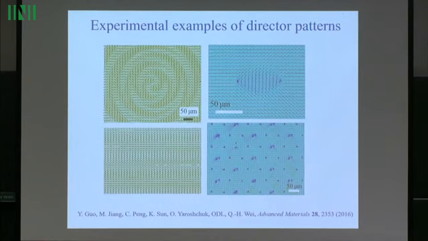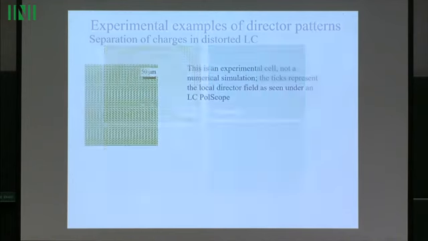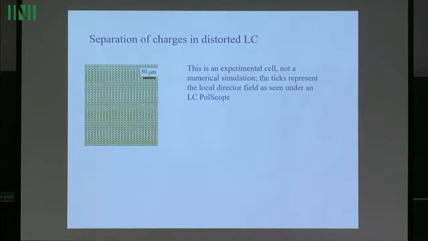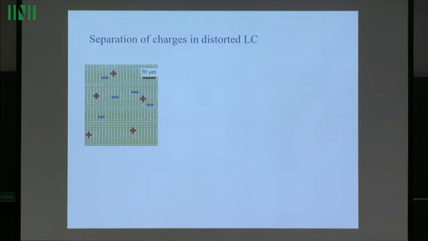So now let's see what would happen to electrokinetics if I have a director field of this type in absence of any colloids. So as always, there are some ions, I apply the electric field, the conductivity is anisotropic, and I am continuing this thought experiment.